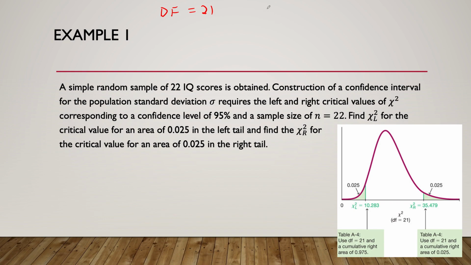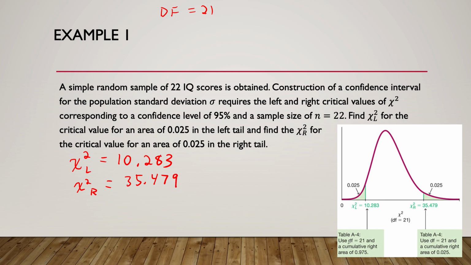And inside of SAS, we can find the chi-squared value to the left to be 10.283, using that 95% confidence level and whatnot. The chi-squared value to the right is going to be 35.479.